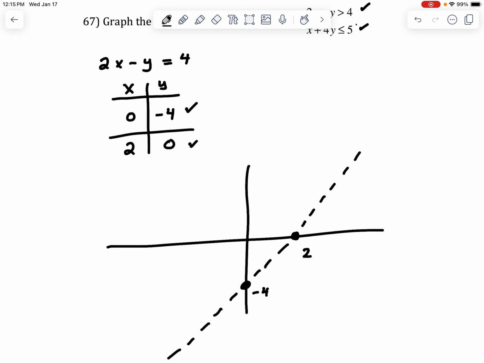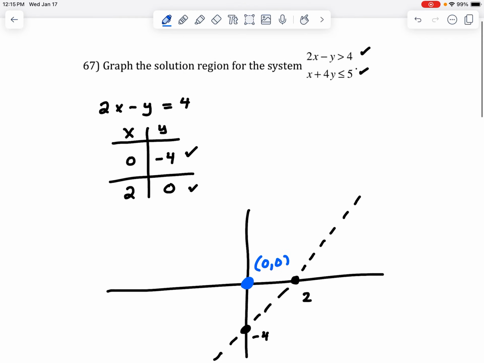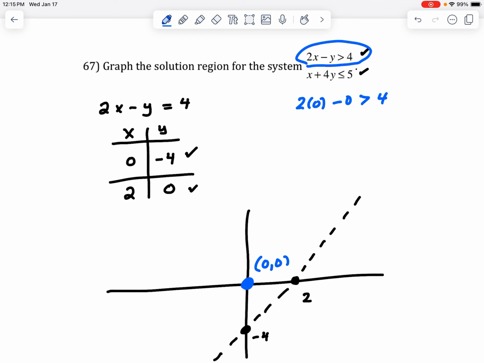Okay, then we have to decide, do we shade above that or below that? What you could do is just pick a point. I'm going to pick the easiest there is, 0, 0, and then test 0, 0 in this inequality. That says 2 times 0 minus 0 is bigger than 4.